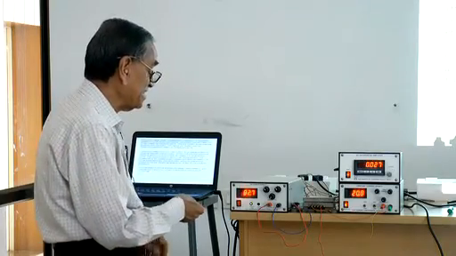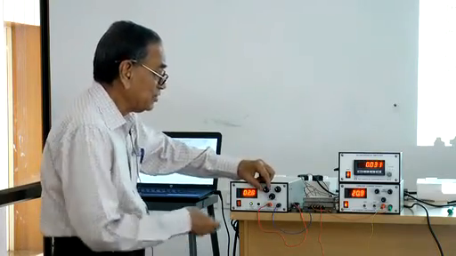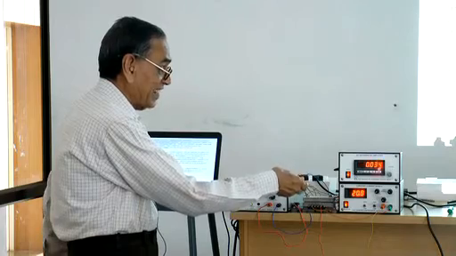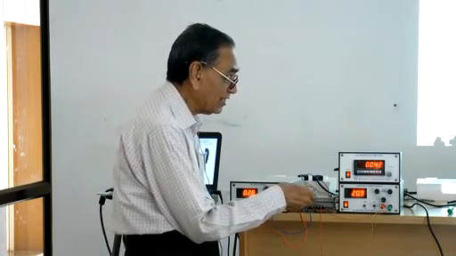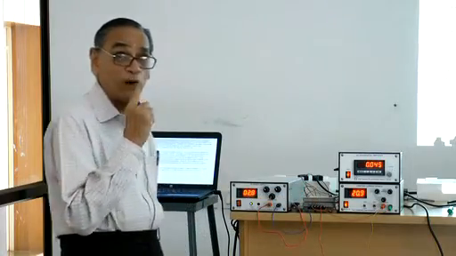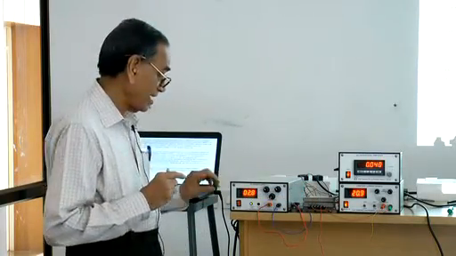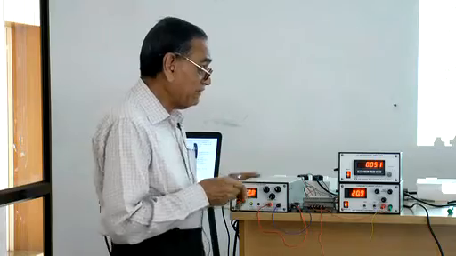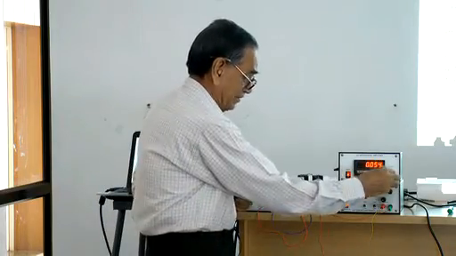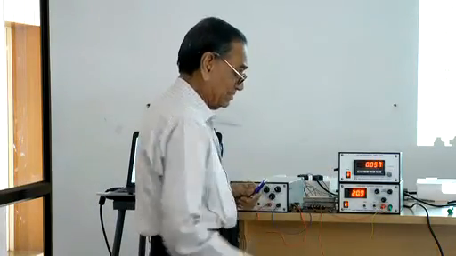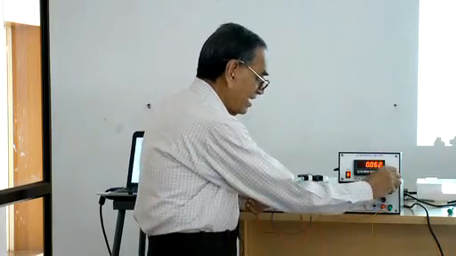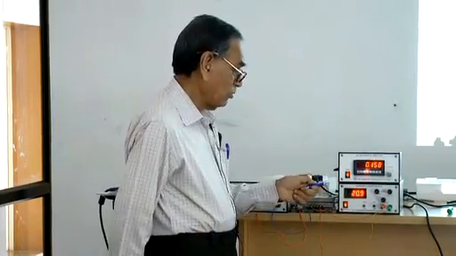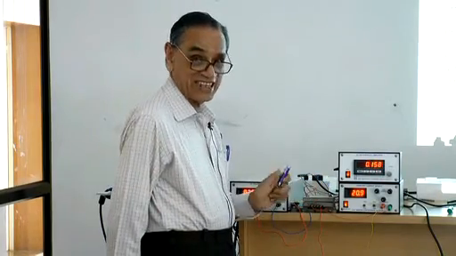We adjust this voltage so that this rise is 40 microvolt in 1 minute. Then every 2 minutes we take the reading of the thermo EMF and then the voltage across the sample.